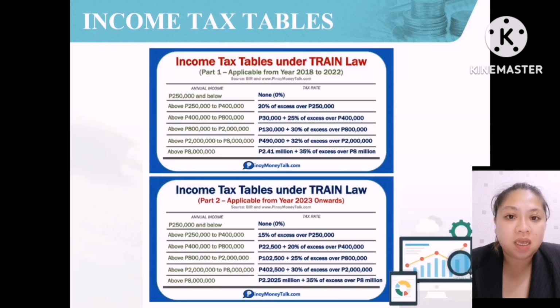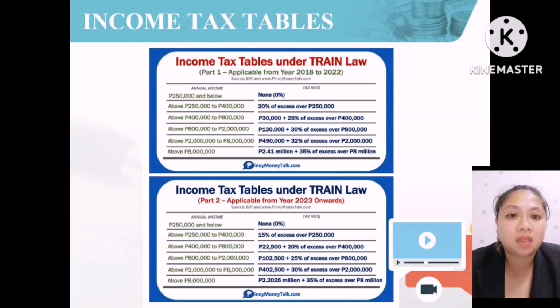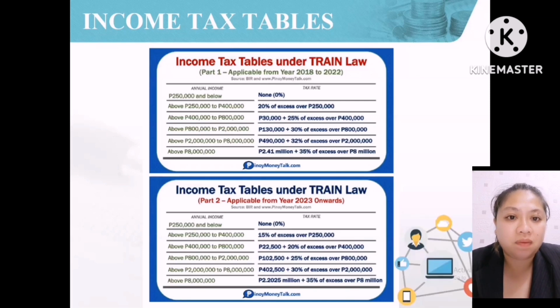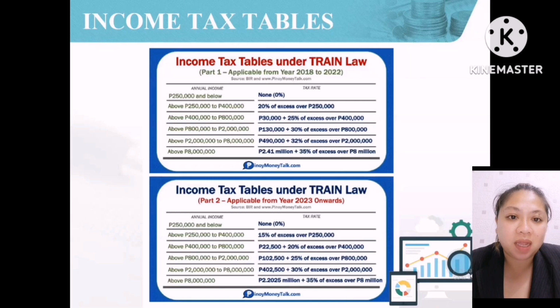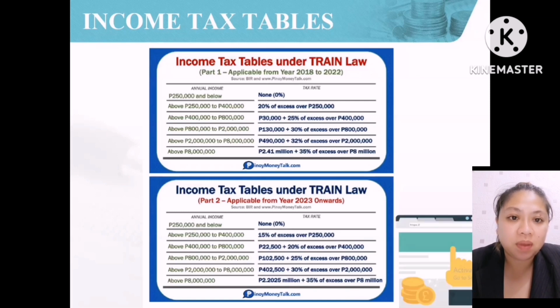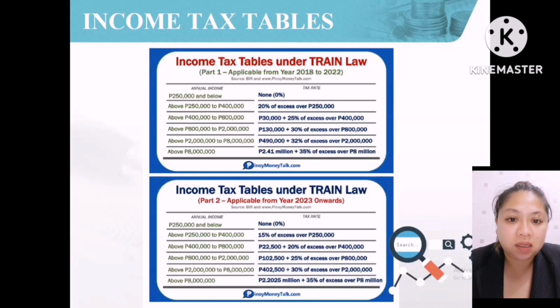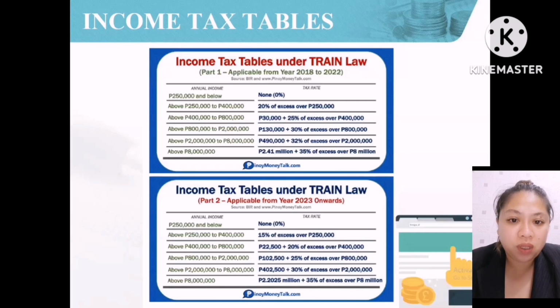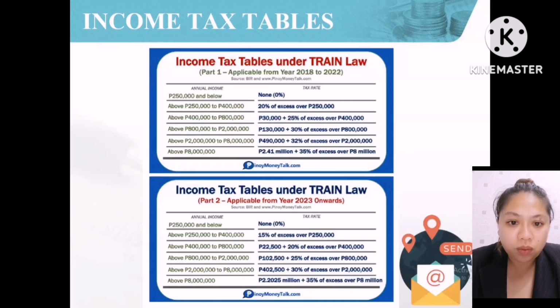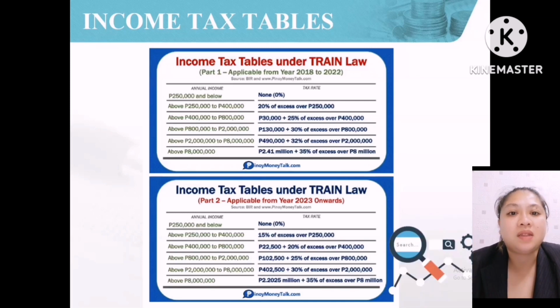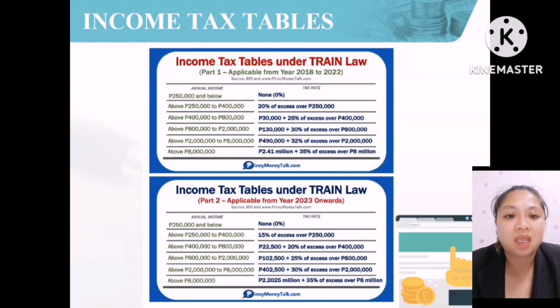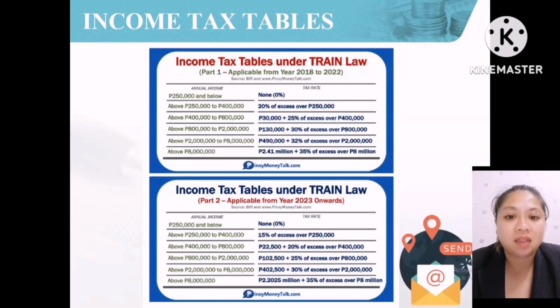The next one is the above 400,000 to 800,000. Sa part 1, we have 30,000 plus 25% of excess over 400,000. Then, compared to the part 2, we have 22,500 plus 20% of excess over 400,000.